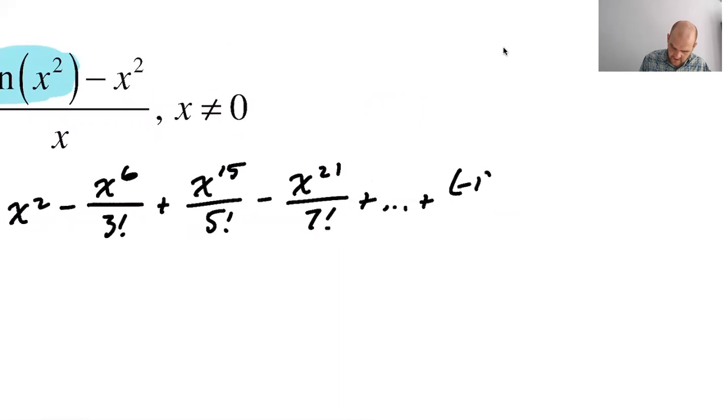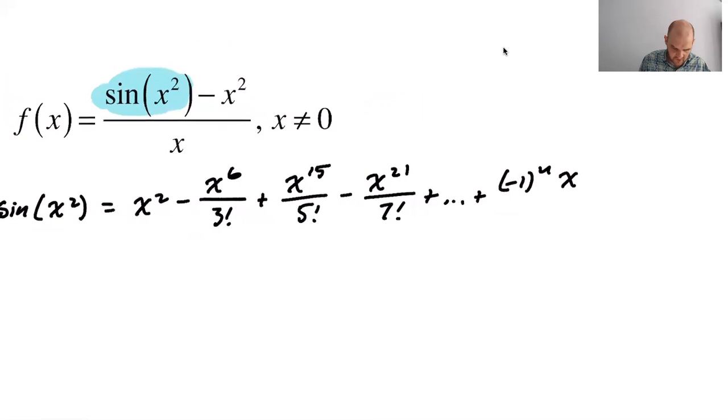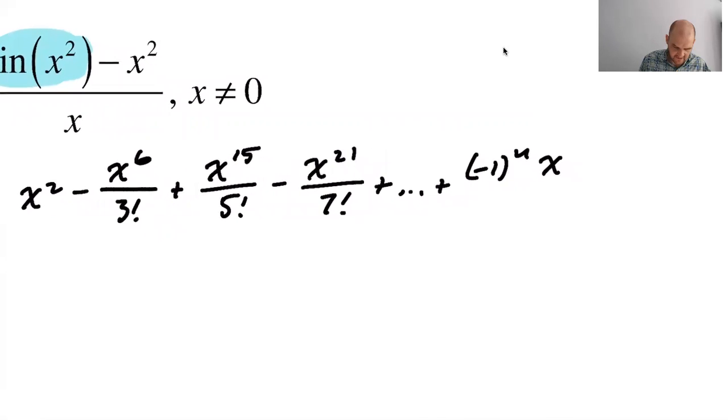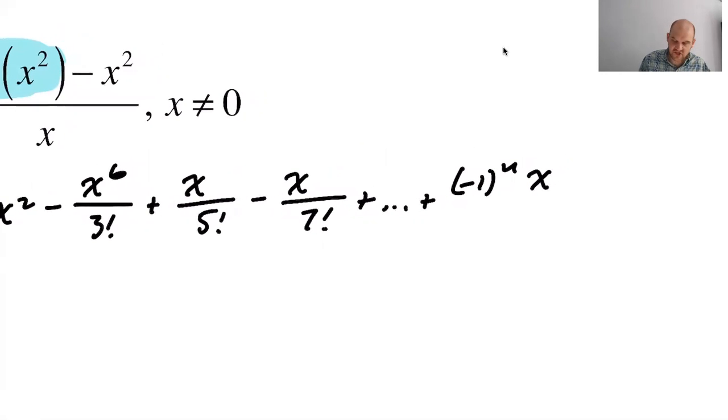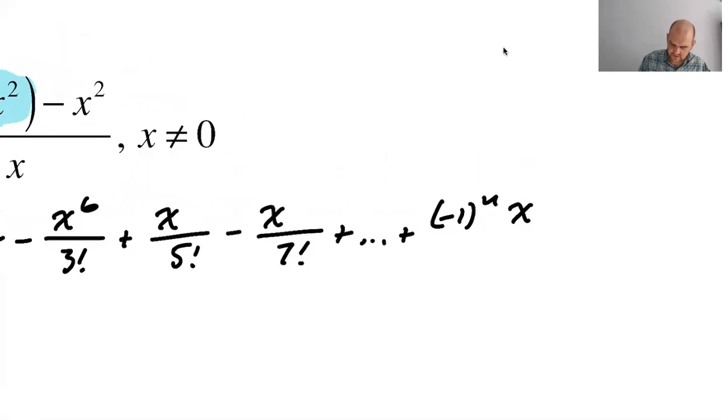Plus, this will straighten me out. x squared to the 2n plus 1. I feel like I started using 3 at some point instead of 2. I think that's where I got confused, so we're going to go back and fix that. These I'm pretty sure are wrong. Okay, so x squared to the 2n plus 1.